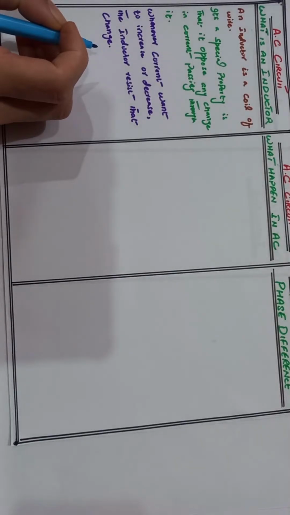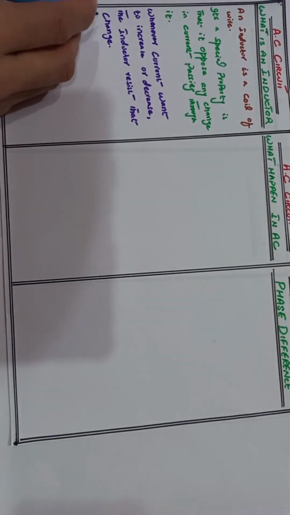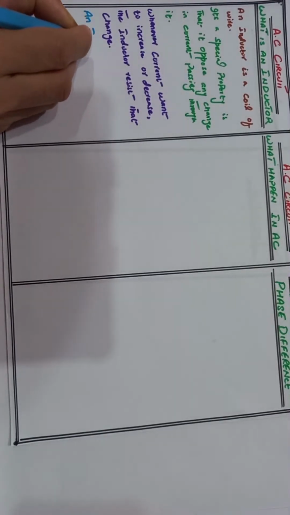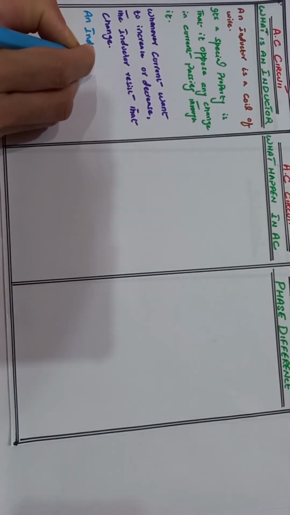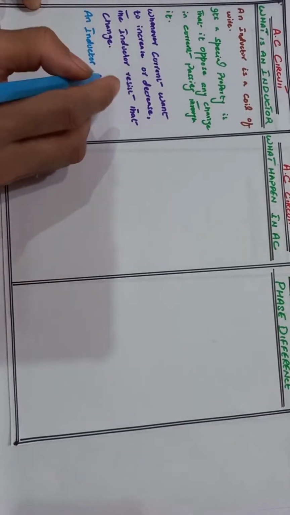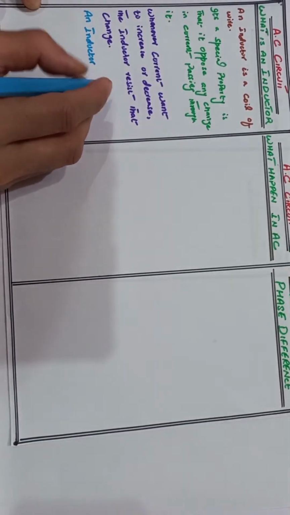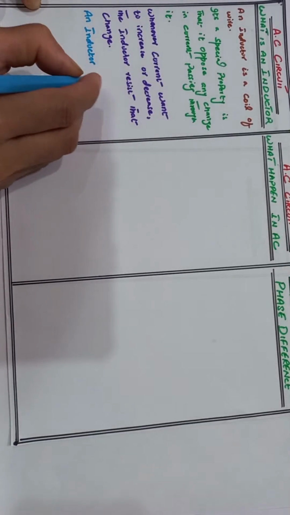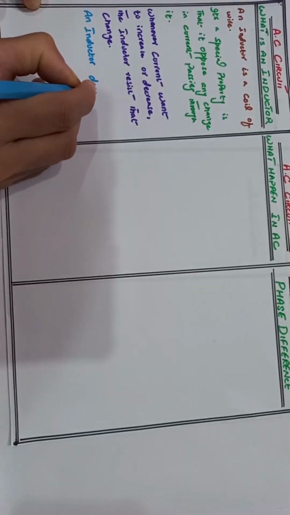Why? How does the inductor resist that change? The inductor resists change by creating a back EMF. So here we write that an inductor does not like sudden change.